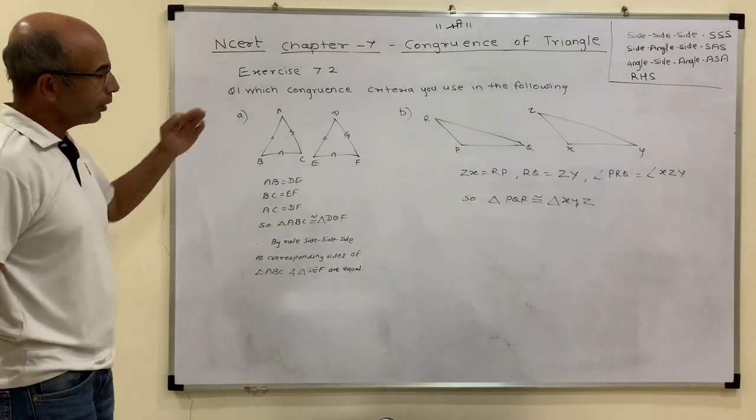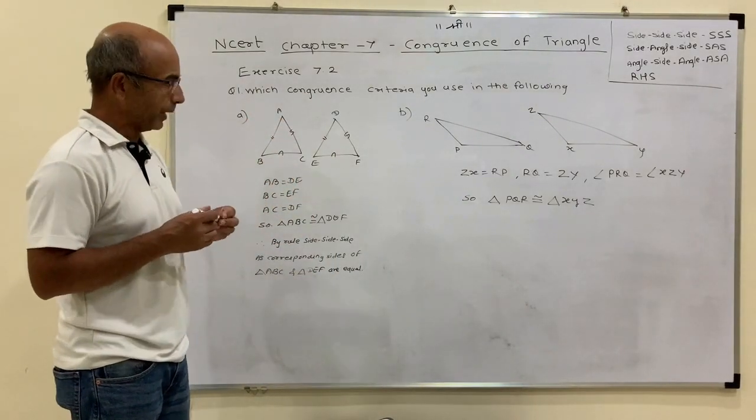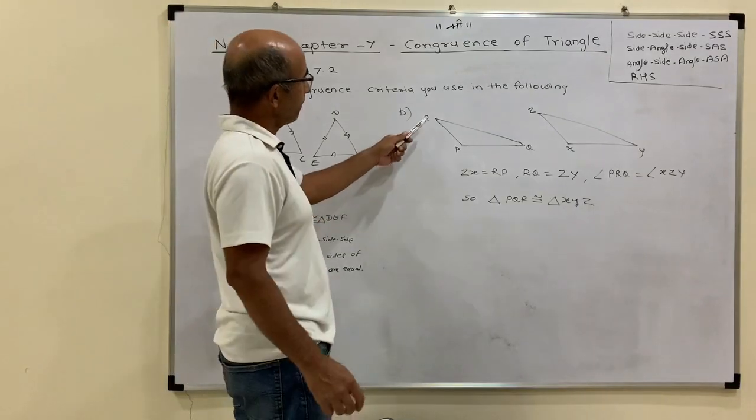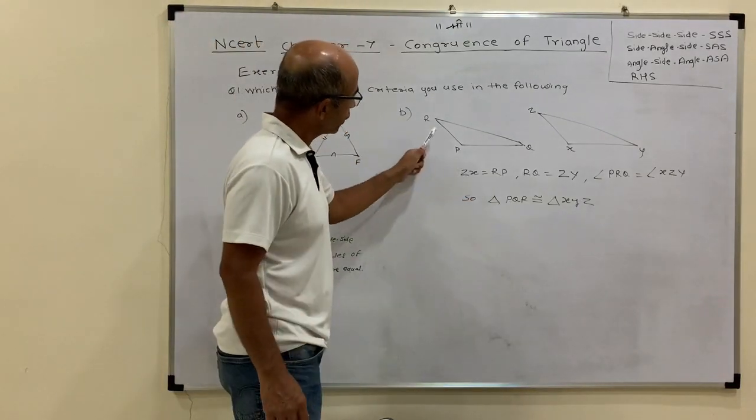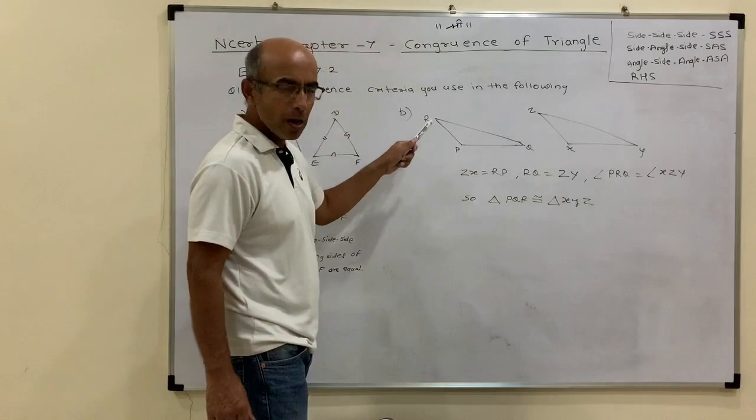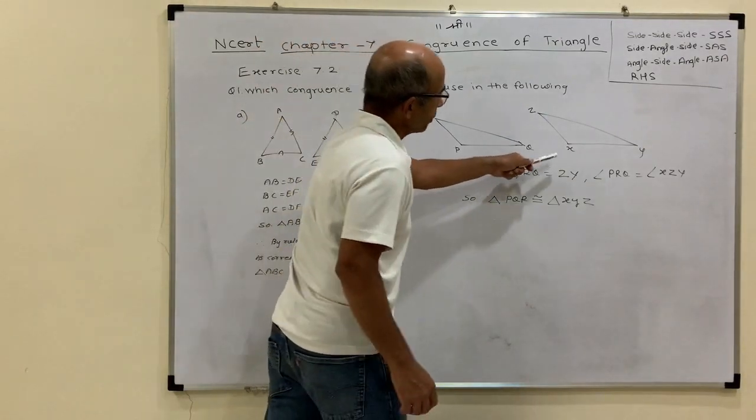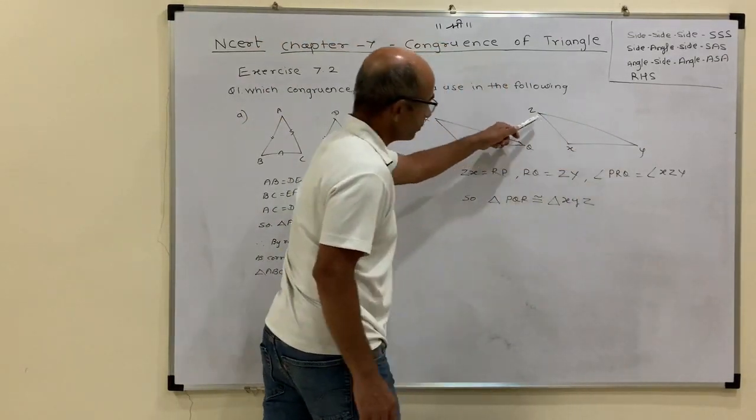Got it? Now let's move on to the second one, B. Here they say triangle PQR is congruent to triangle XYZ.